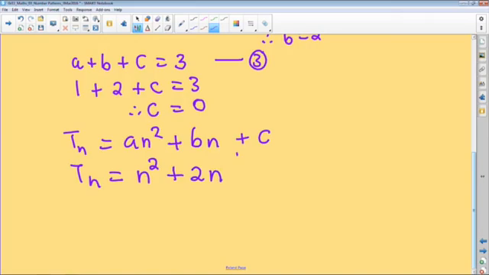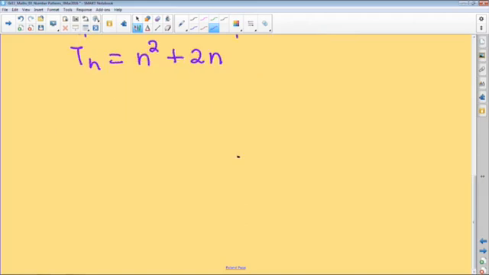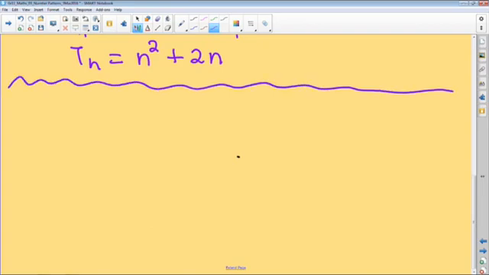All right, guys, when you get to this point, you need to make sure that you test your formula, all right? So your general term, at the end of the day, before you hand in, all right? So you have your general term, which is your Tn equals n squared plus 2n. Let's test.